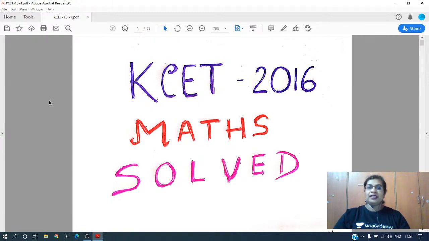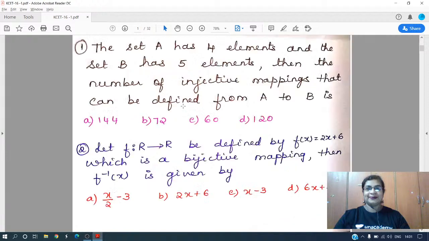So here we are with KCET 2016 Maths paper solved. Let's check the first question of the day. The set A has 4 elements and the set B has 5 elements. Then the number of injective mappings that can be defined from A to B is.